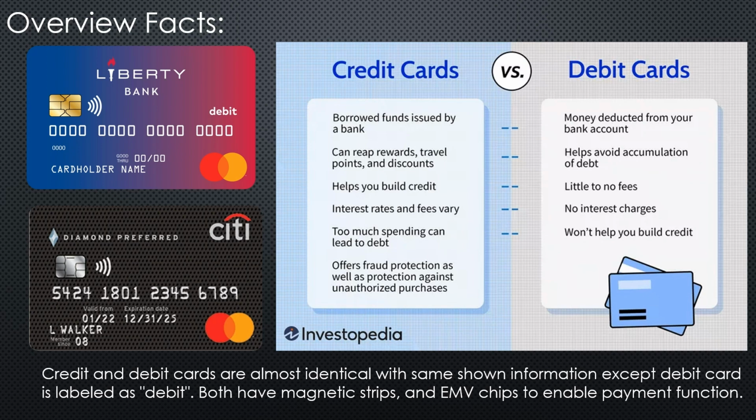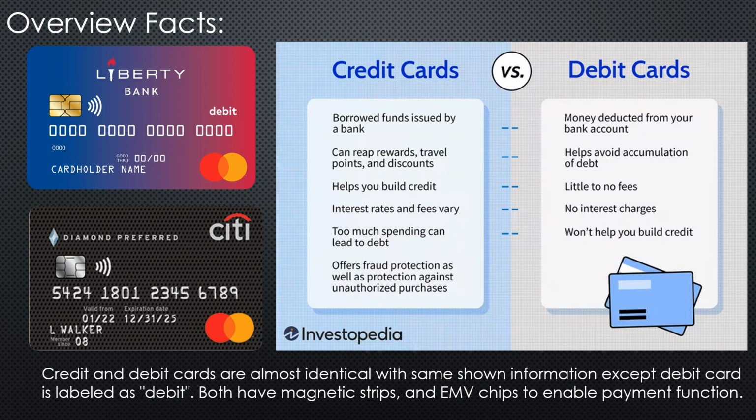the bank information. For the credit card, they just lend funds to the customer, and all the funds are transferred from the credit card company. The credit card can give rewards, travel points, or discounts to the customer who uses it for payment. It can help the customer build credit.